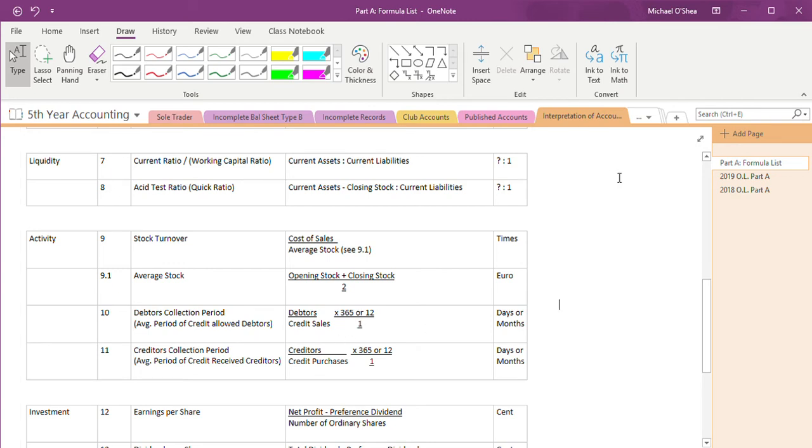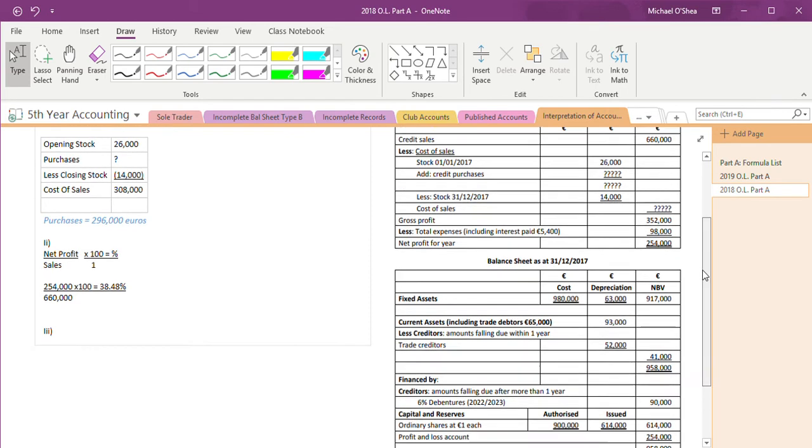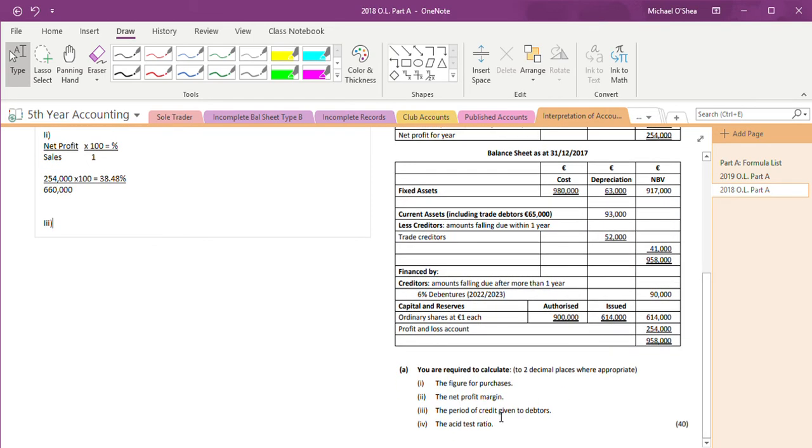Now if you look at the question here, they haven't actually asked us specifically for days or months. They haven't said the period of credit given to debtors in months or in days. Generally when they leave it open, you go for days, just because it's more specific. You can find out, okay, it's 52 days, so instead of 2.1 months.